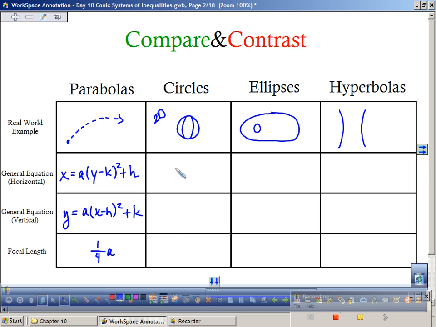Okay, circle. Show me the vertical circle. Yeah, that's a trick question, right? Circles are circles are circles, right? Good.